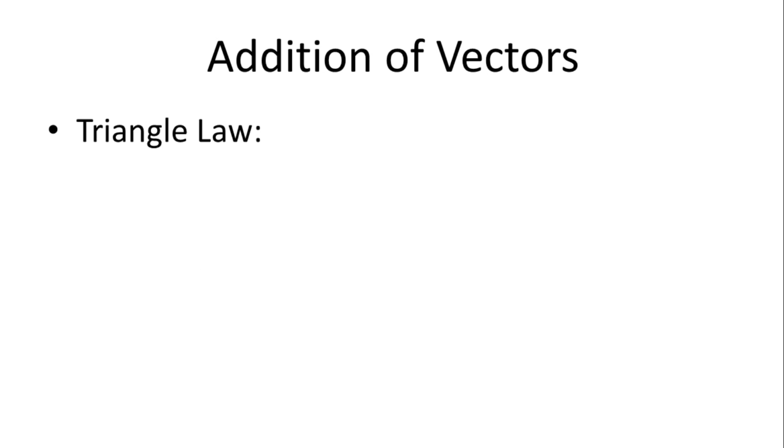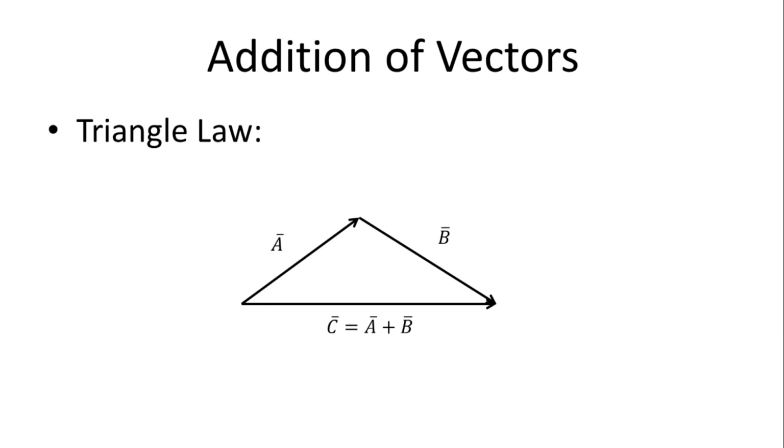According to this law, we have to match the head point of vector A with the tail point of vector B. Finally, we draw a resultant vector that starts at the tail point of vector A and ends at the head point of vector B. This addition result we denote as vector C.